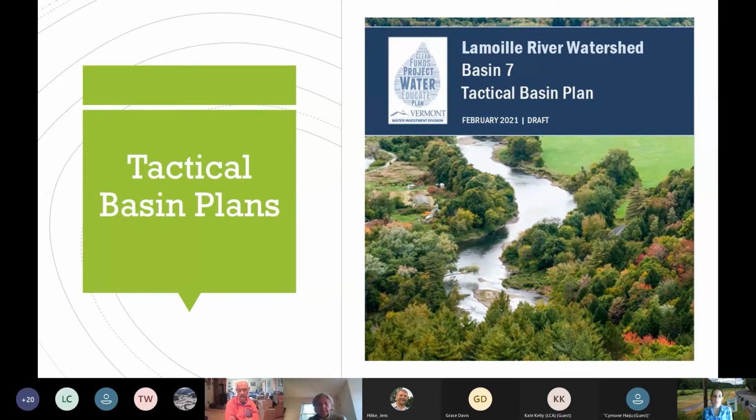These plans are developed in accordance with the Vermont Surface Water Management Strategy, which I'm sure you've all read, and the Vermont Water Quality Standards to protect, maintain, enhance, and restore the biological, chemical, and physical integrity of Vermont's water resources. Really what it comes down to is we want our waters to be clean and clear so people can boat and fish and just all out enjoy the waters of the state.